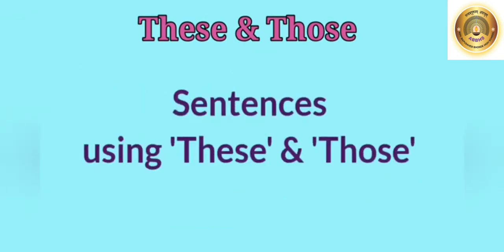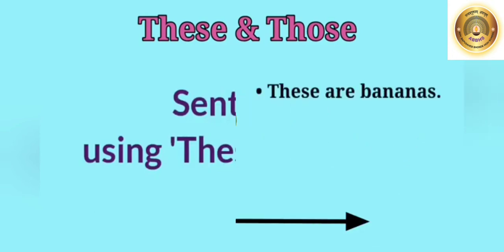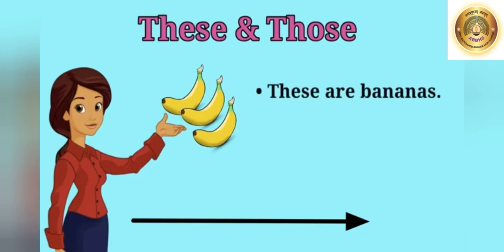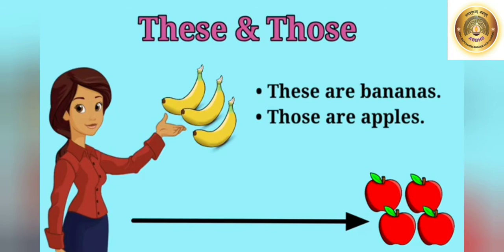Okay, children, let's try to make sentences using these and those. The bananas are near to me, so I will use these. These are bananas. And the apples are far from me, so I will use those.